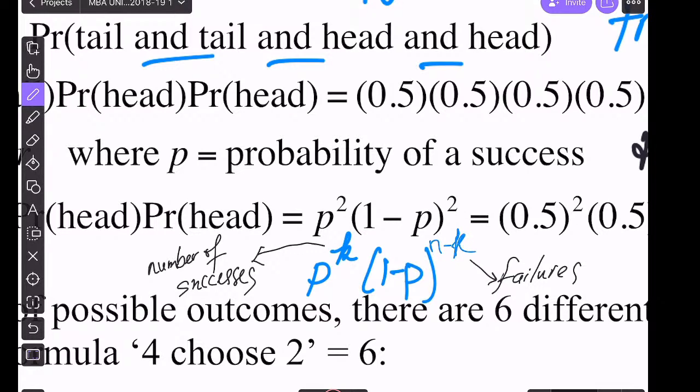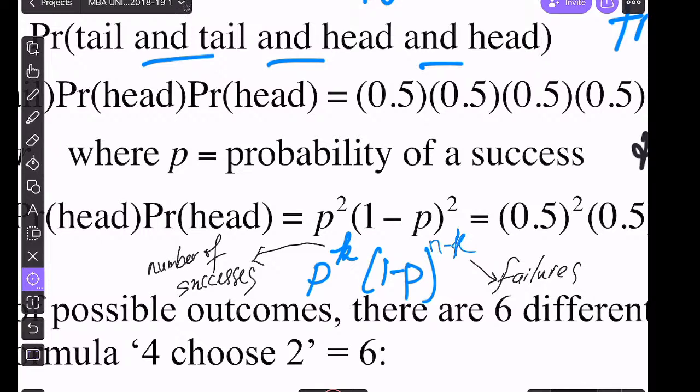If there's K successes out of N, then that leaves N minus K failures. Okay? Got it? So there's N possible successes. The chance of K of them and N minus K, that leaves N minus K failures. How do you check this? Well, add them together.